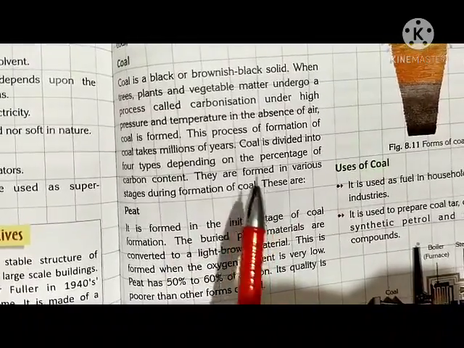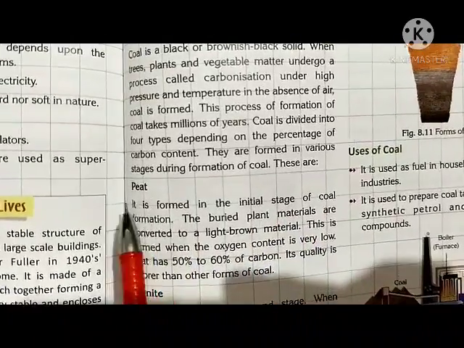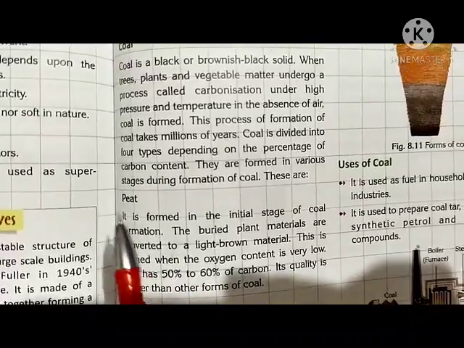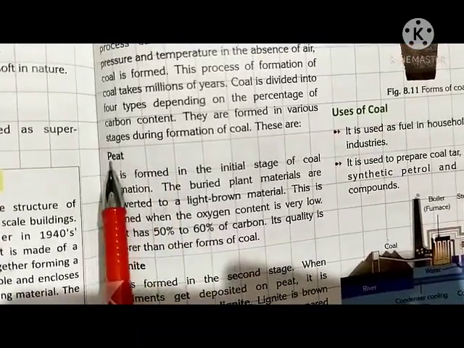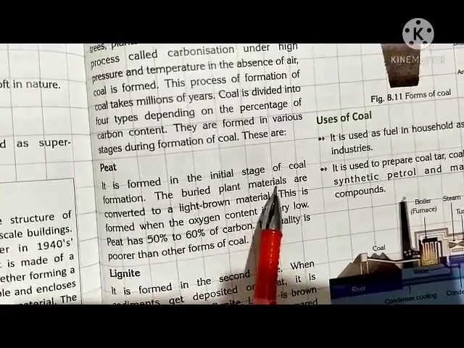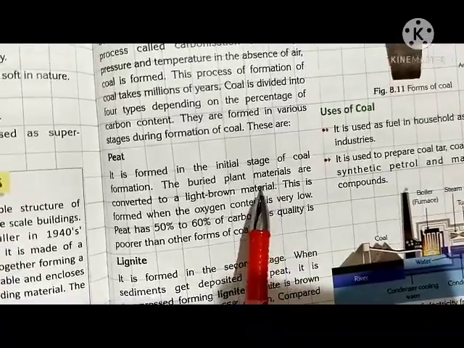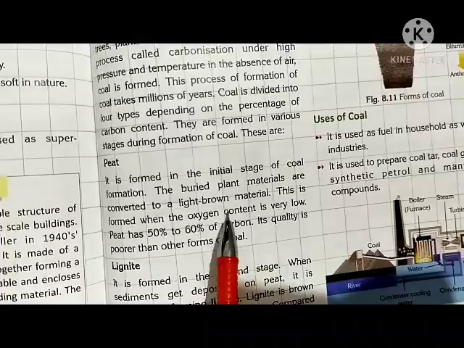These are peat, which is formed in the initial stage of coal formation. The buried plant materials are converted to a light brown material.